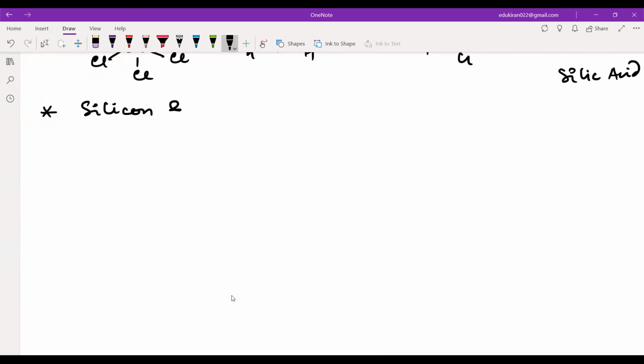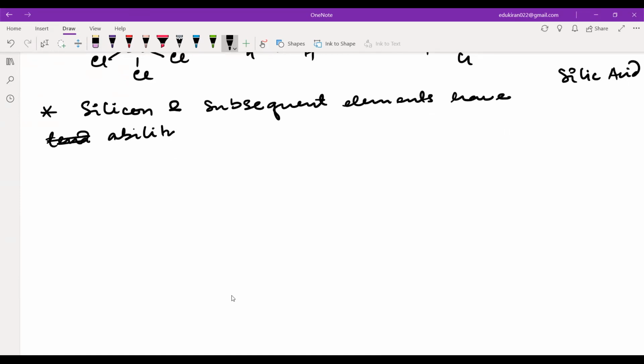Next point is that silicon and subsequent elements have the tendency, or rather ability, to form higher halides, especially fluorides.